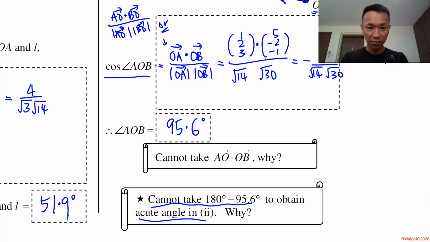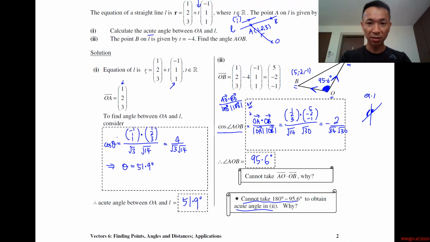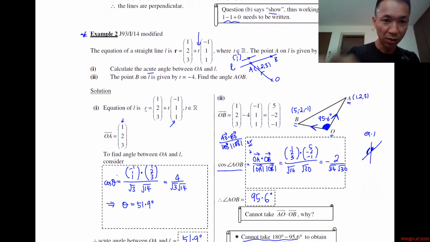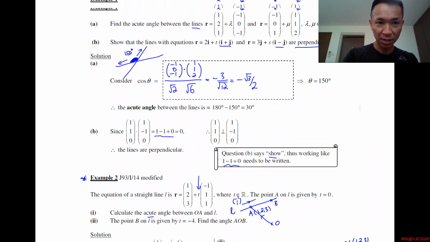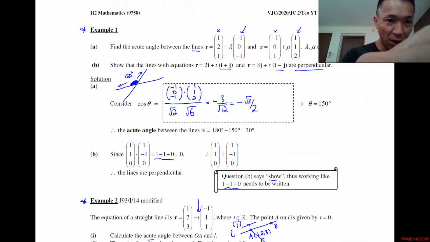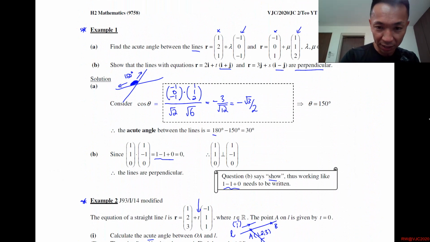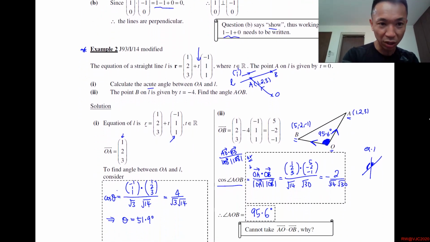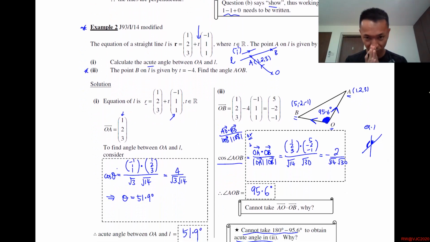So please contrast example 2 with example 1. Because in example 1, you will take 180 minus this, whereas in example 2, especially 2 part 2, you leave it as it is. Please. Okay? All good? All right.